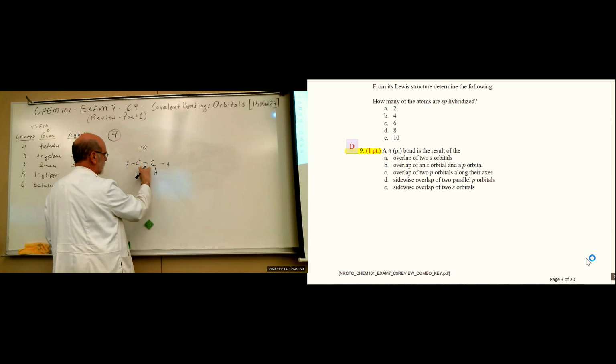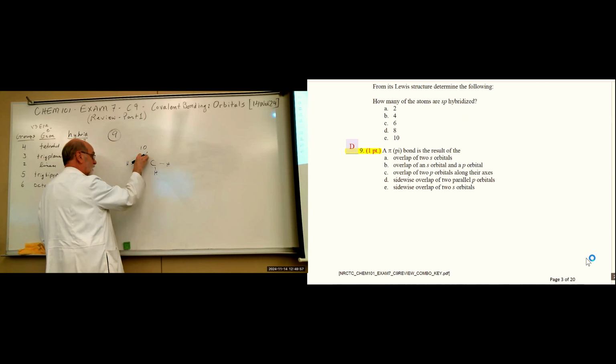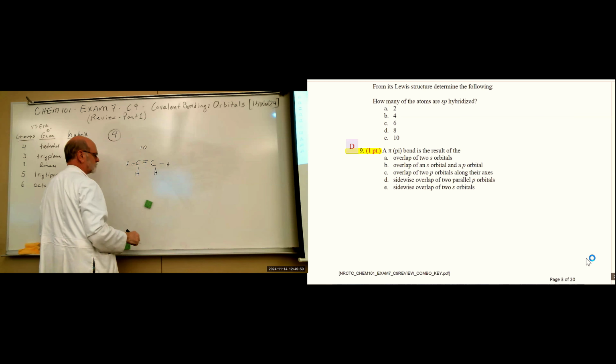And we have 8, 9, 10, 11, 12. That means we have 2 more left over. Right? So to make an octet, those 2 go over here.